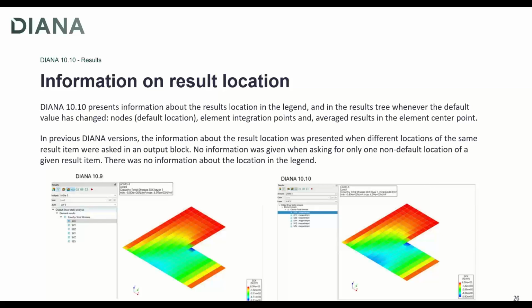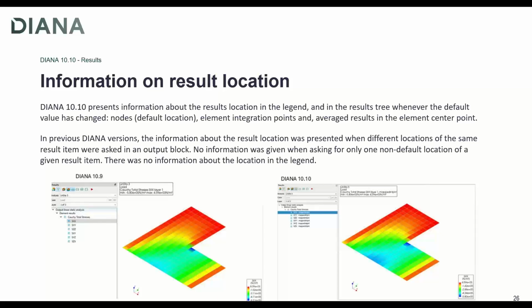The new thing about Diana 10.10 is that now it's displayed, so we can easily see what we chose. The difference was that in previous Diana versions, we only had the information displayed about the result location when different locations of the same result item were asked in a given output.